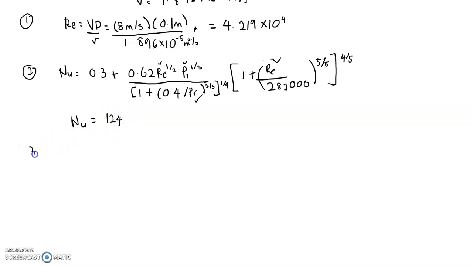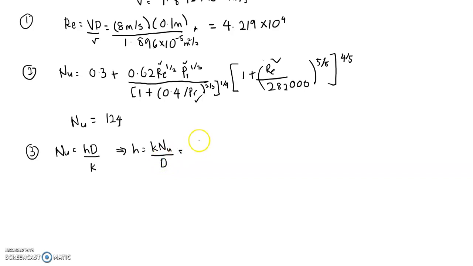Then step 3. We have to relate the Nusselt number with h, the heat transfer coefficient, Nu equals hD over k. So your h is equal to k times Nu over diameter.